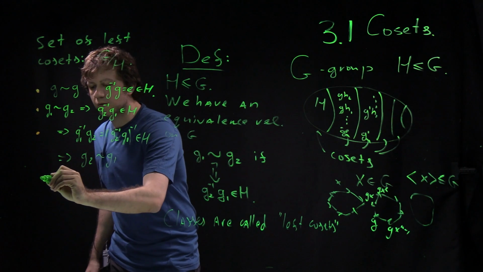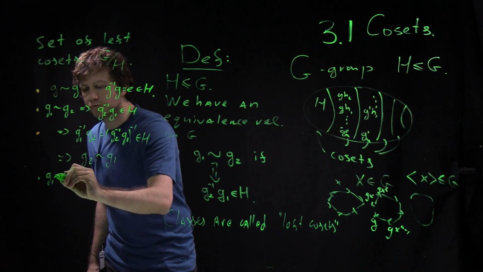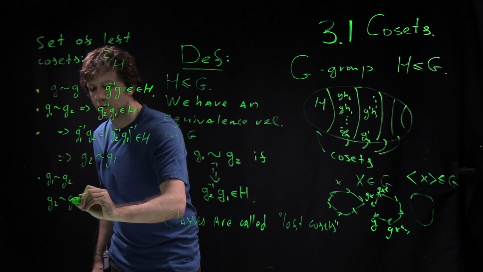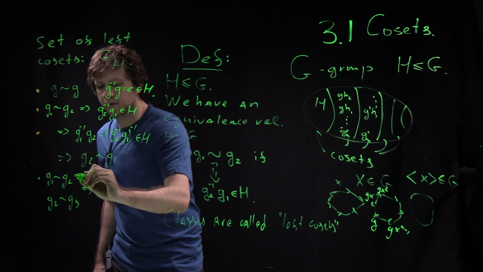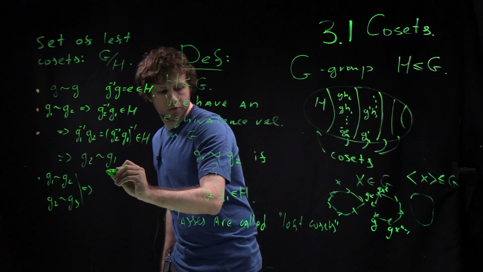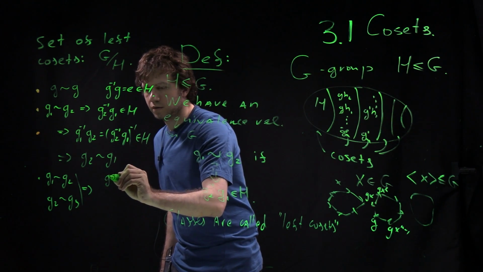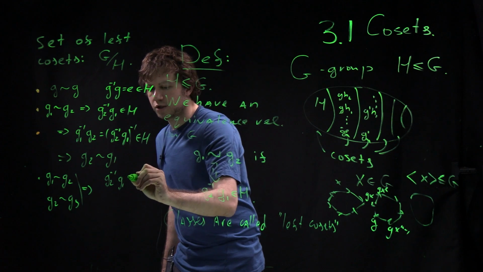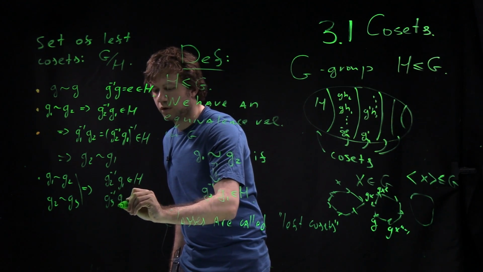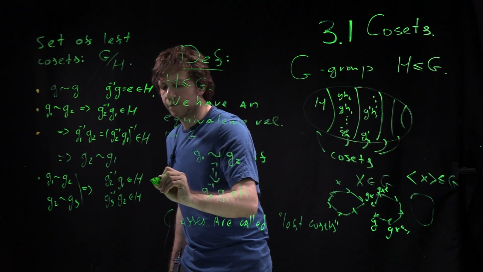And finally, you assume that g1 is equivalent to g2, and g2 is equivalent to g3, and of course this implies that g2 inverse g1 is in H, and g3 inverse g2 is in H, and we just multiply.